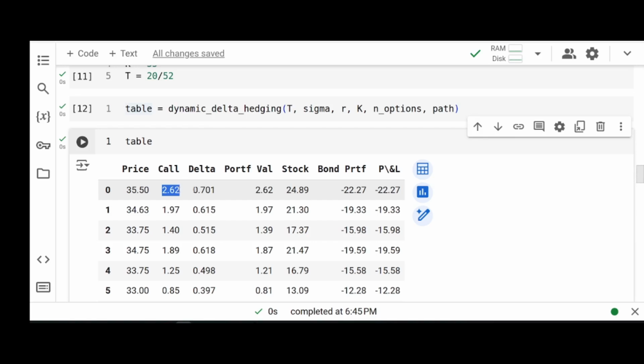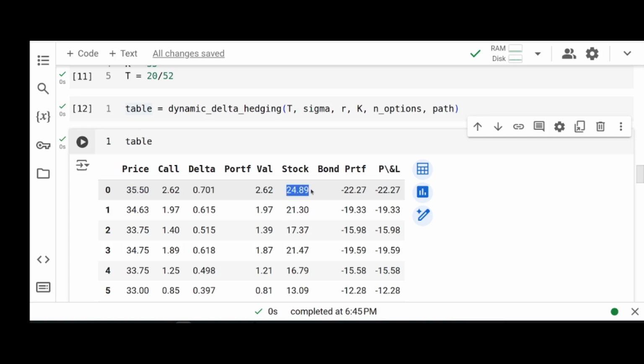So 0.7 or 70% of the share should be bought. Then the portfolio value is equal to the initial call price, which is 2.6. The stock value, remember, this 24.84 is obtained by 0.76 times this delta times the price, which is equal to this one.